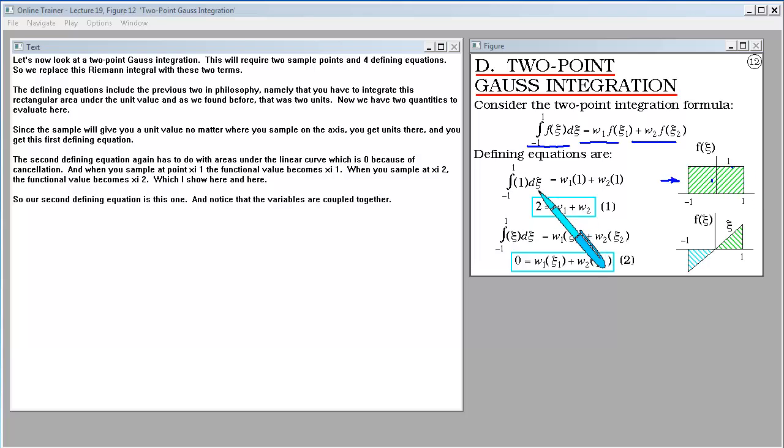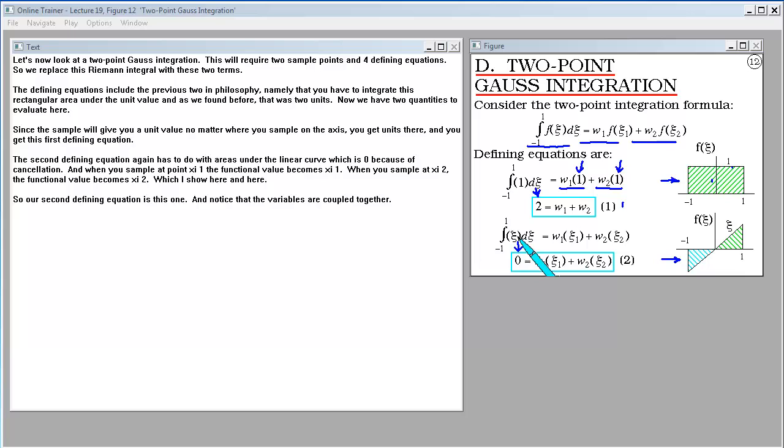Now we have 2 quantities to evaluate here. Since the sample will give you a unit value no matter where you sample on the axis, you get units there, and you get this first defining equation. The second defining equation, again, has to do with areas under the linear curve, which is 0 because of cancellation.